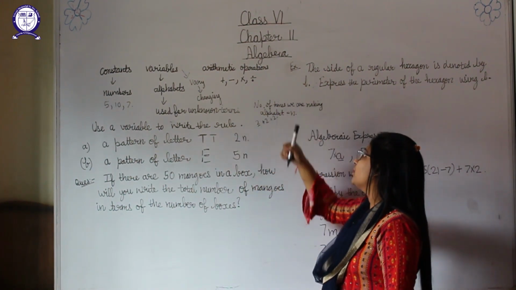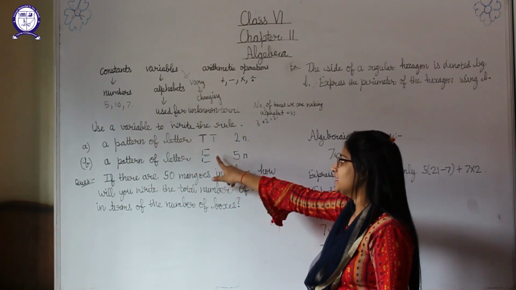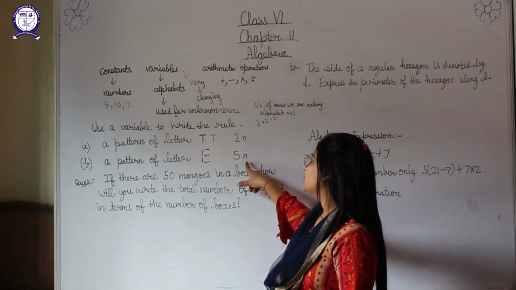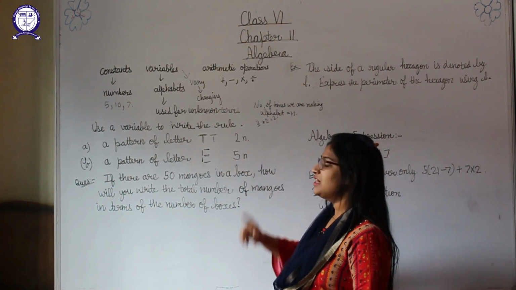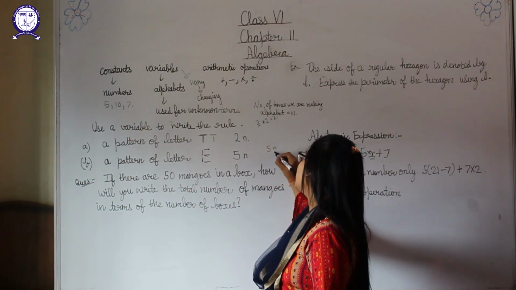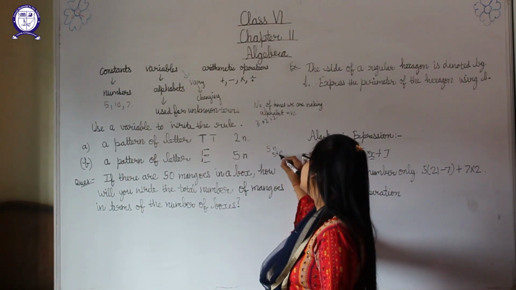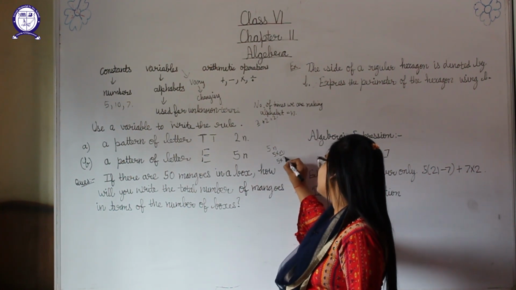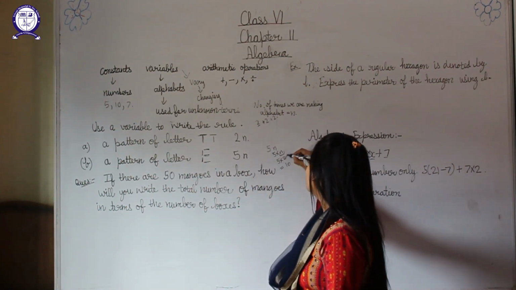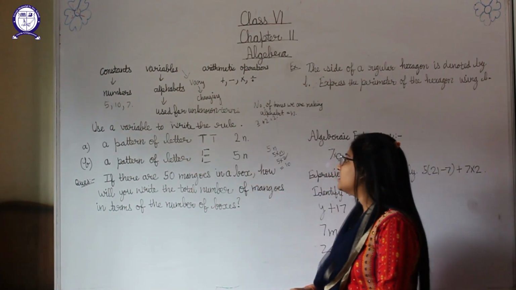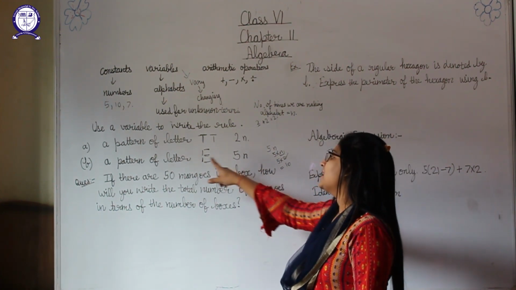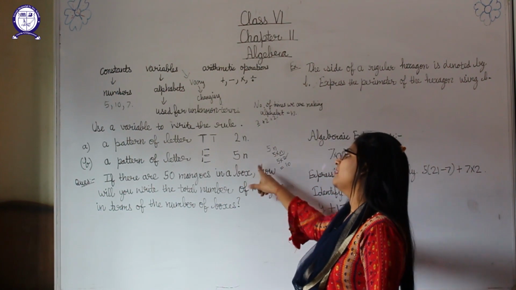Again, the n is the number of times we are making this alphabet E. Okay, now suppose we are making it 2 times, so in place of n we will write 2, and I told you that whenever there is no sign, it means there is a multiplication sign. 5n means 5 multiply n, and we are taking n as 2, so 5 twos will be 10 here, so 10 matchsticks we will be using for 2 times if we are making E. Similarly for 3 times, 4 times, we will get the right answer. So that's why the pattern for the letter E is 5n.